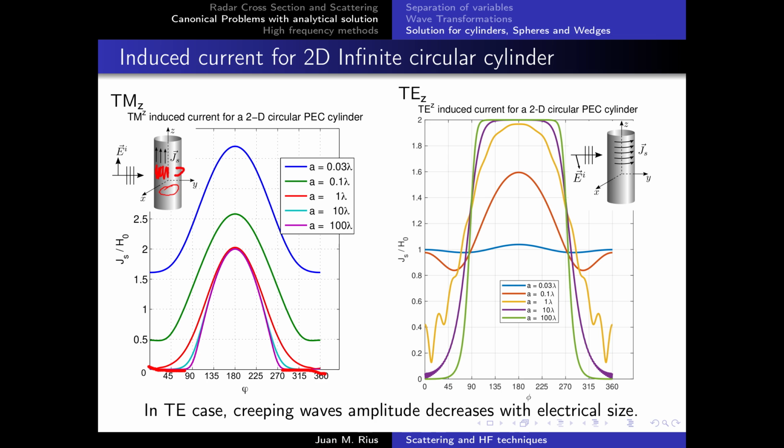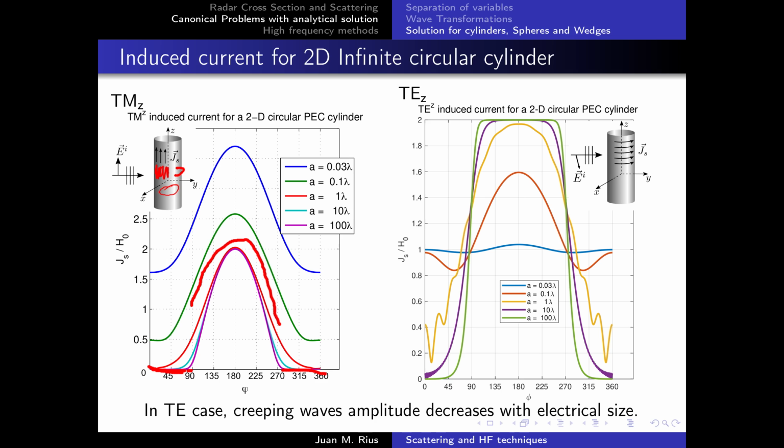So there is an illuminated region and a shadow region. We will see more about this later when we see high frequency techniques, but for the moment you can observe that when the radius of the cylinder is large compared to the wavelength, the current is almost zero in the shadow region and clearly different than zero in the illuminated region.